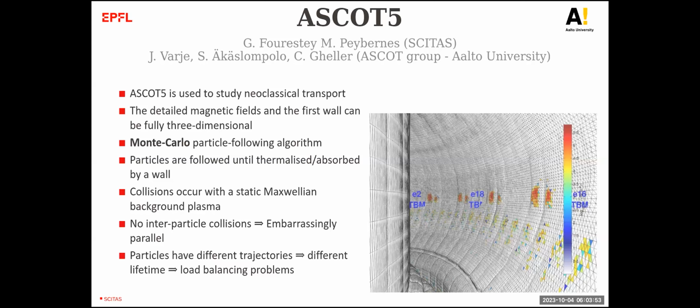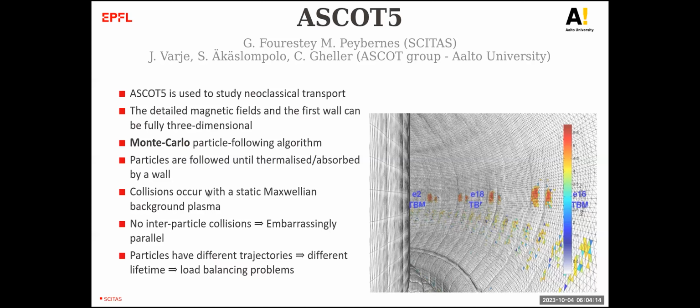In this talk, I'm going to talk specifically about three codes that we ported. The first one is ASCOT 5, which is used to study neoclassical transport. It's a plasma problem. It's a Monte Carlo particle following algorithm. We follow the particles until they either hit a wall or they get thermalized, so they cool down.